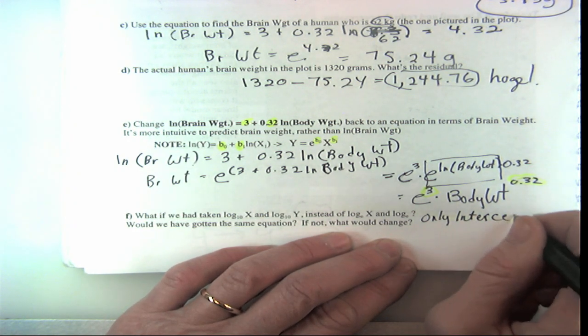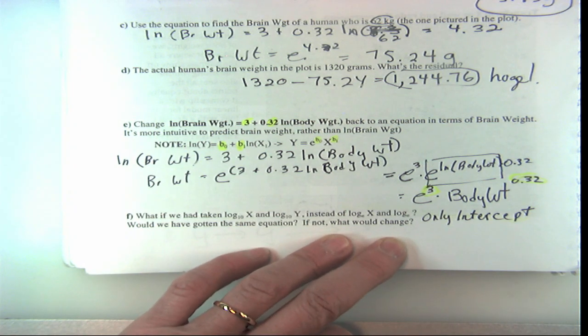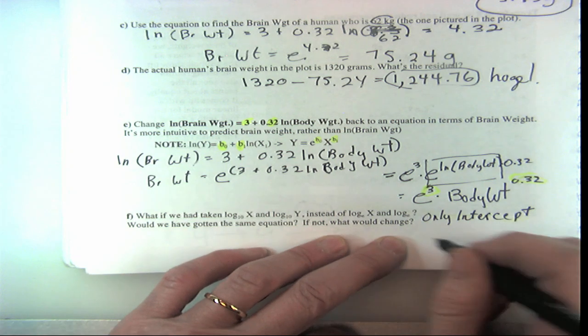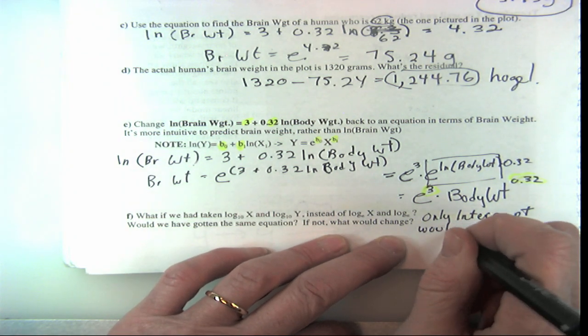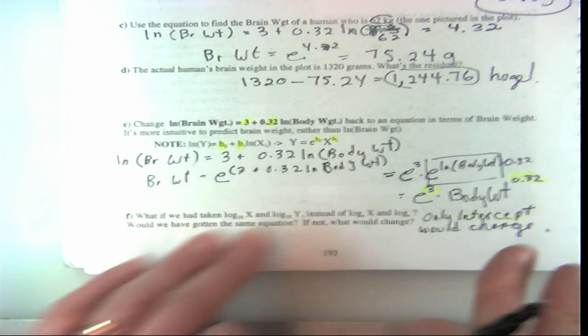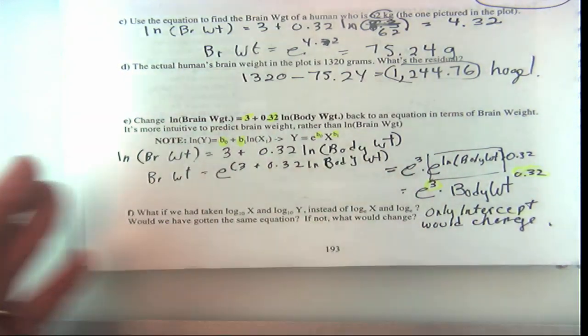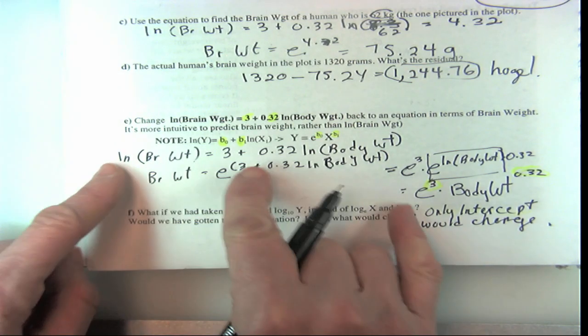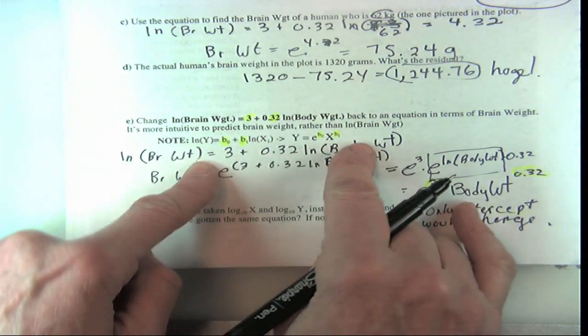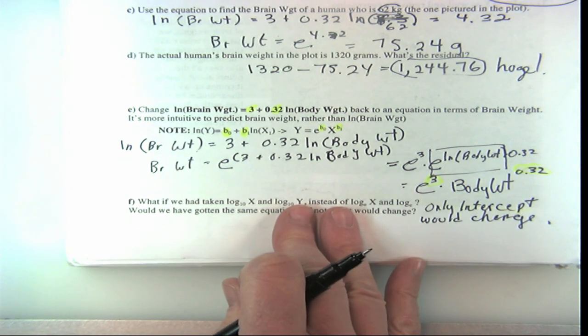And we don't pay much attention to the intercept, so we basically would have the same relationship. It holds up no matter what base you're in, which would make sense. You don't have to know this, but all you'd have to do is divide both sides through by a constant. That's all you would have to do.